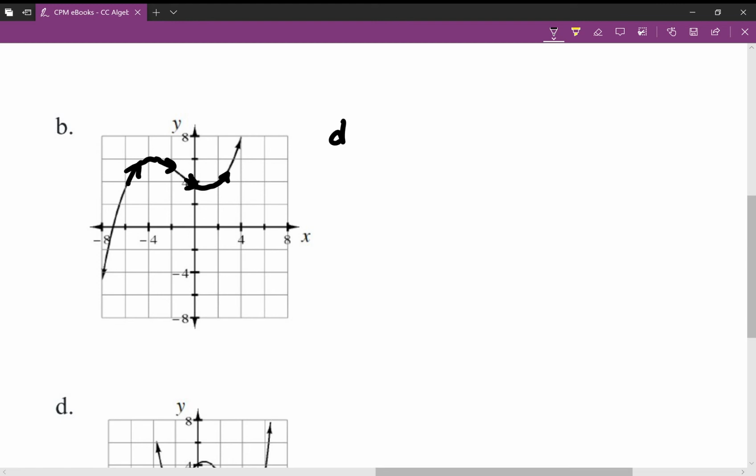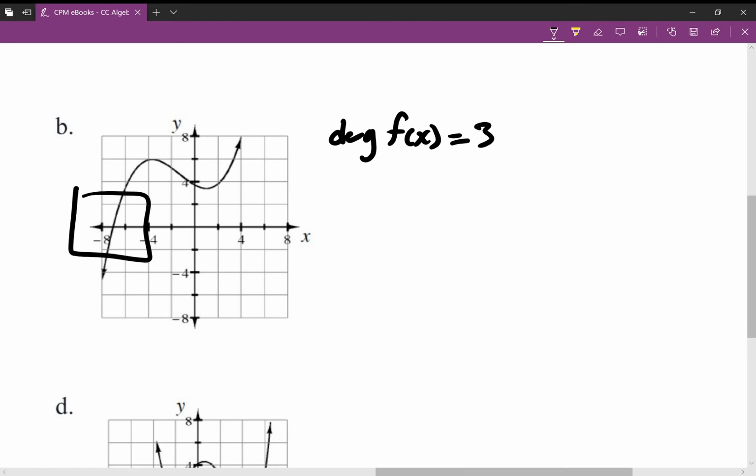That means the degree of f of x is 3. But it only crosses the x-axis right there.